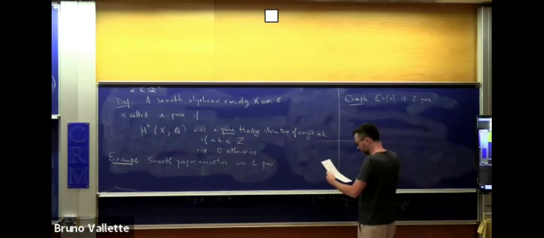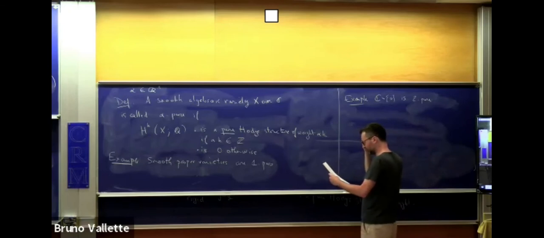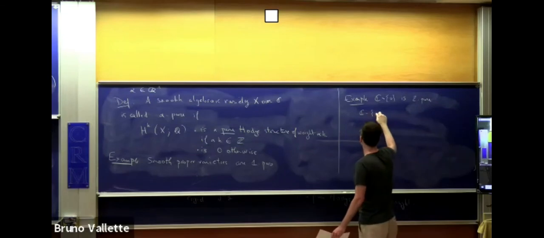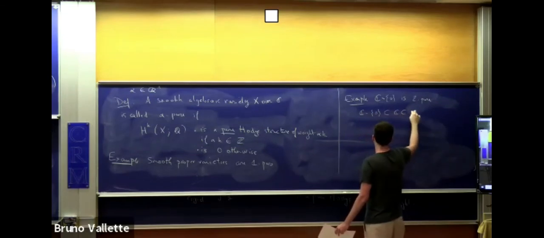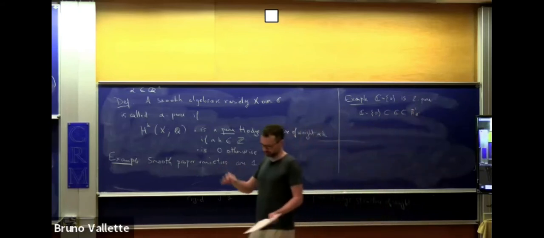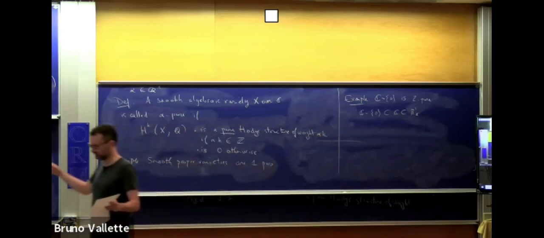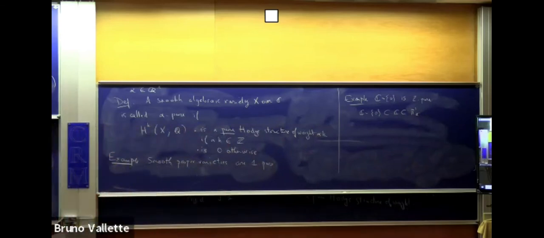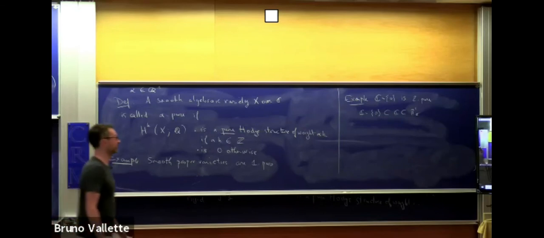In this particular case, it's very easy. What we do is we consider the inclusion of C minus the origin. You can embed this into C, and you can embed this into P1. You know that you can construct P1 over C by gluing together two copies of C along their intersection, which will be C minus the origin. So you get a Mayer-Vietoris long exact sequence.